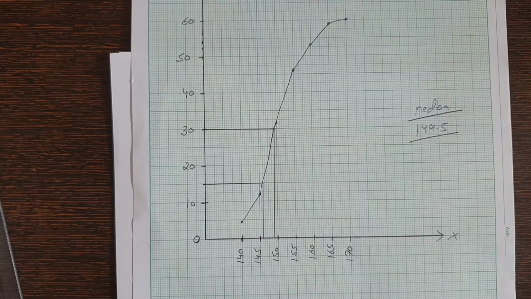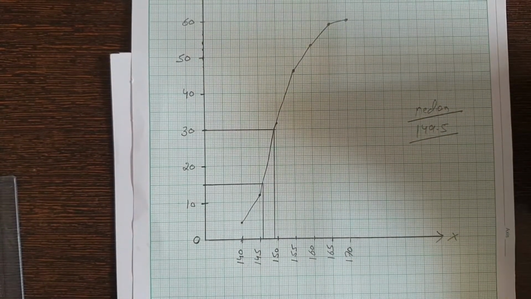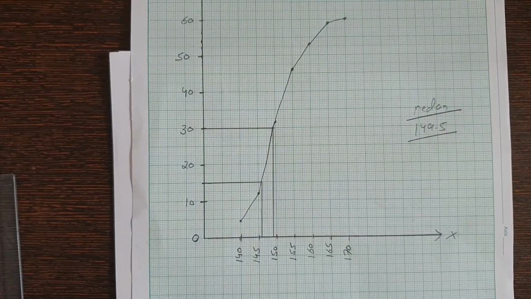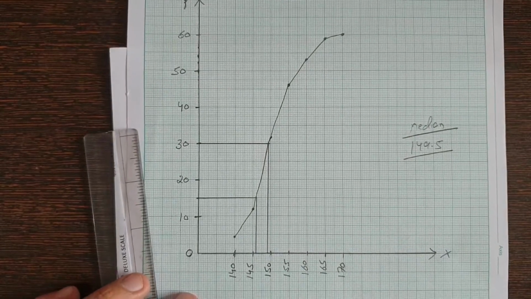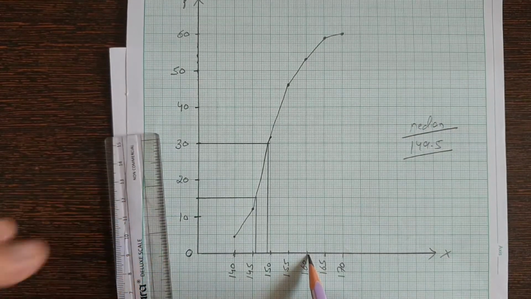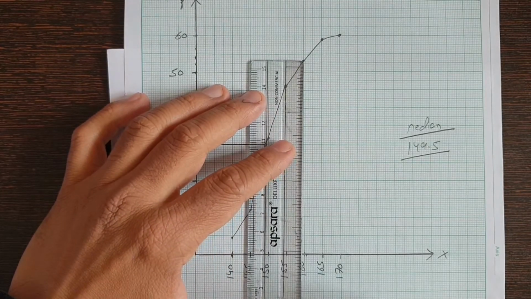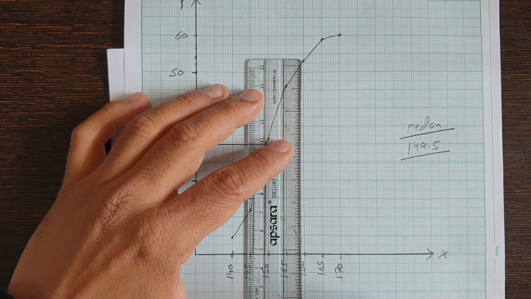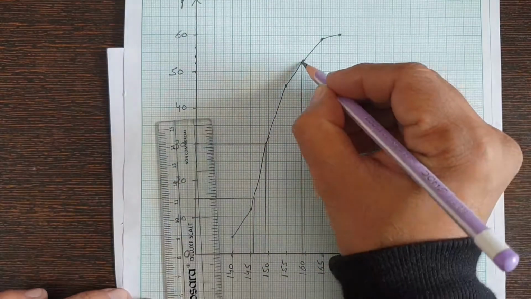Now we have to find the number of tall boys. See, 158 centimeters is considered for the boys who are tall. So we draw a line from 158, not 168. We draw a line over here and see where it meets the curve at this point.